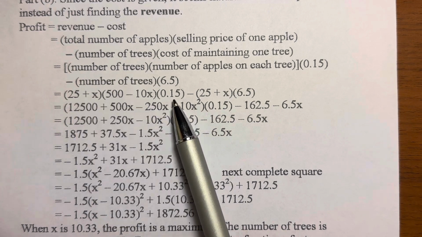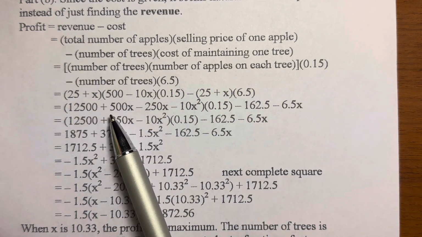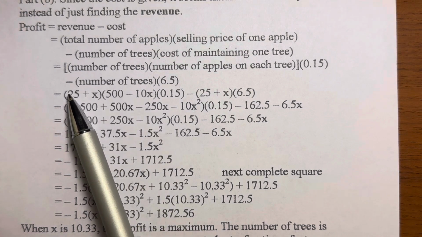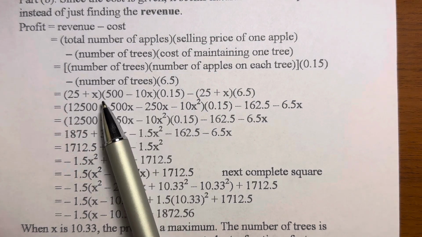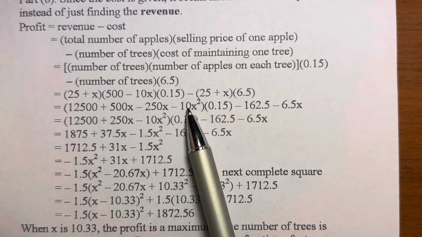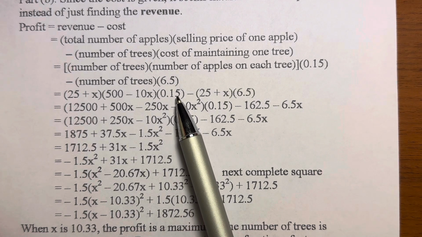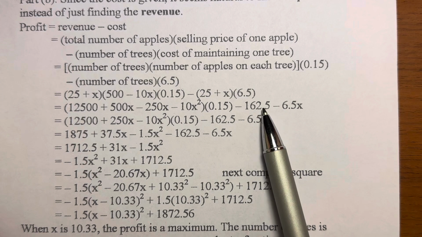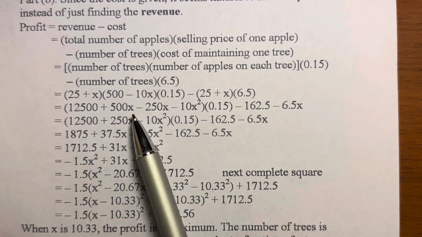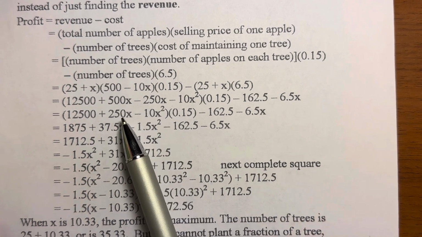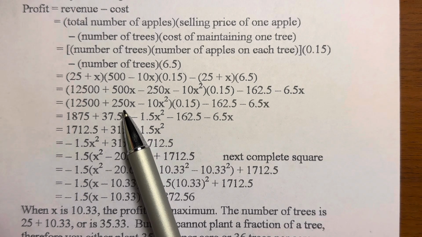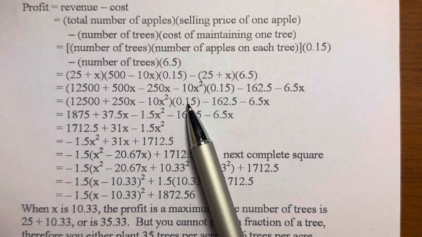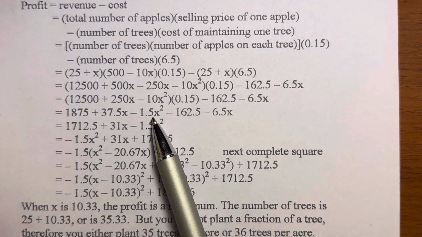Once you have this, then the rest is easy because you just expand it. So I expand this bracket, I get this, and multiply 0.15. Expand this, I get this. Combine the two X terms, I get this. Multiply 0.15, I get this.